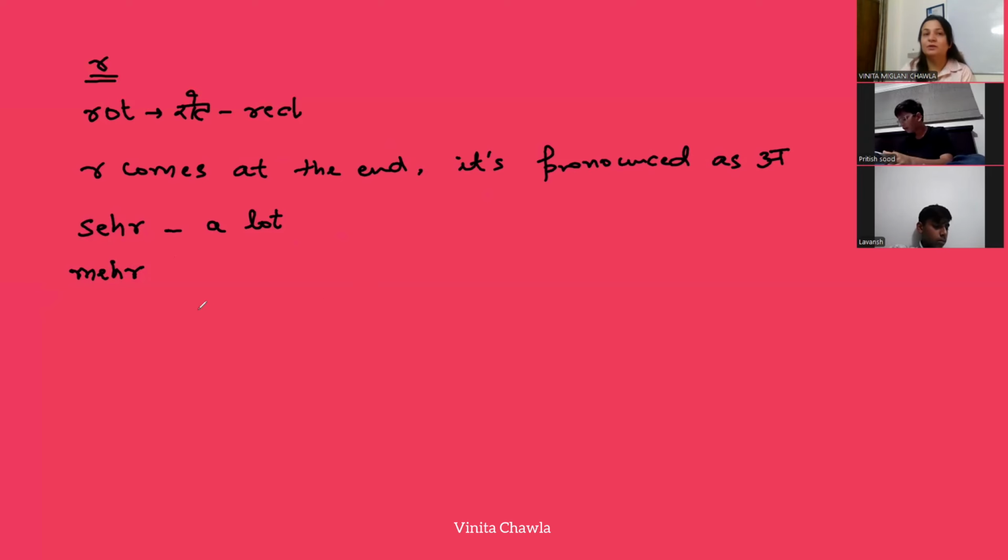How will you pronounce this word? It's Mayor. M is May. So we see that H is silent, no? Mayor means more. Now we have learned something about H also.